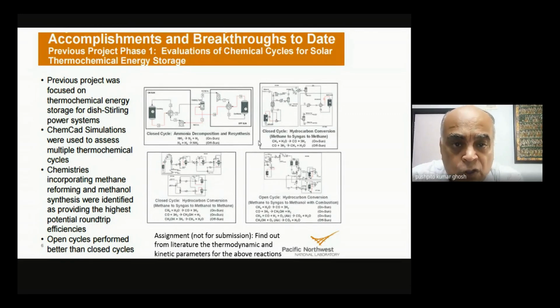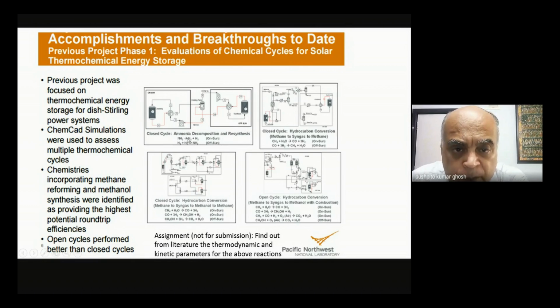Now, so what you can do, and this is a scheme. These are being looked at by this company, Pacific Northwest, which is one of the leading labs in the US. It's a government lab, okay, and they are doing extensive work, where they're trying to use solar energy, okay, at very high temperatures, which you can get.